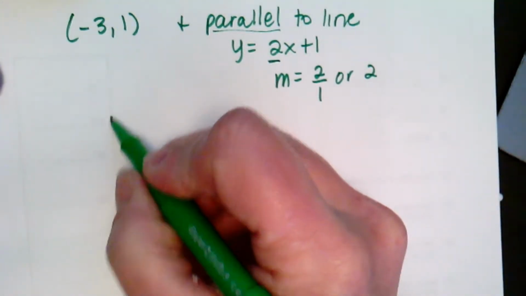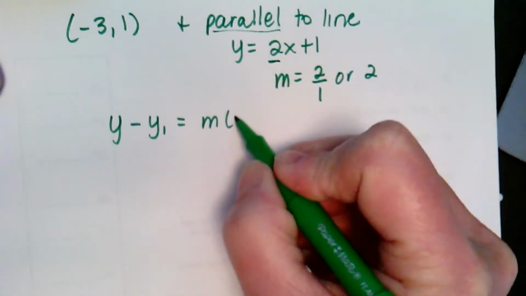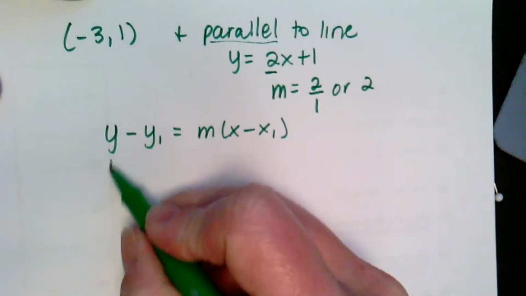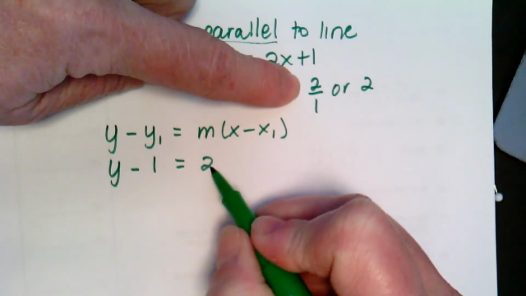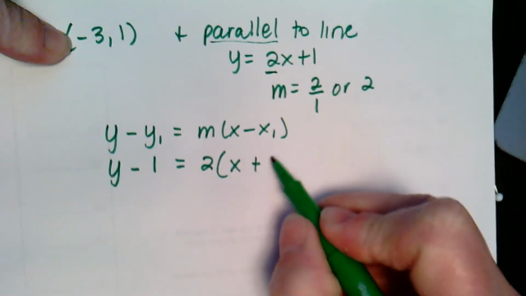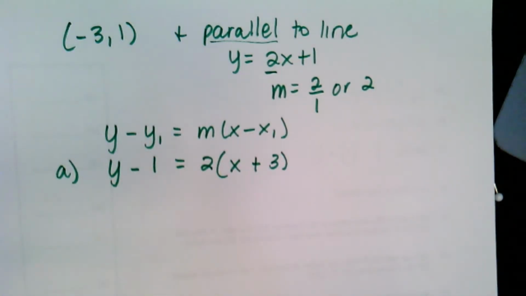So we'll use our formula and plug in what we know. So y take away 1, our slope, and x take away negative 3. So there's our point slope form.